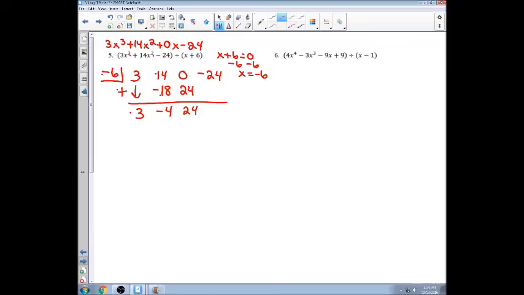24 times negative 6 would get me negative 144. So negative 24 minus 144 would get me negative 168. Okay, and that is my remainder.